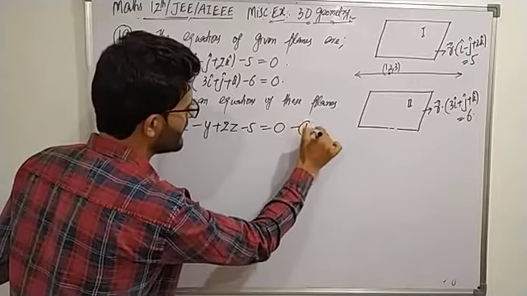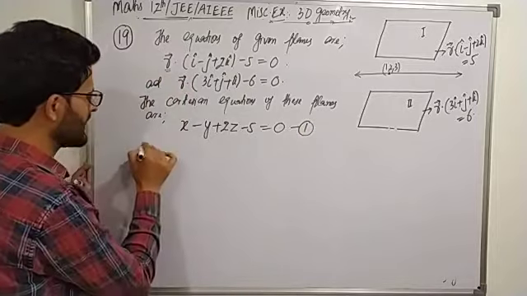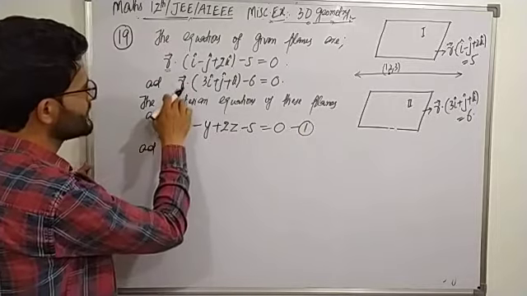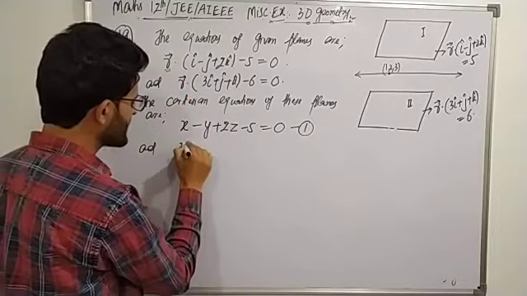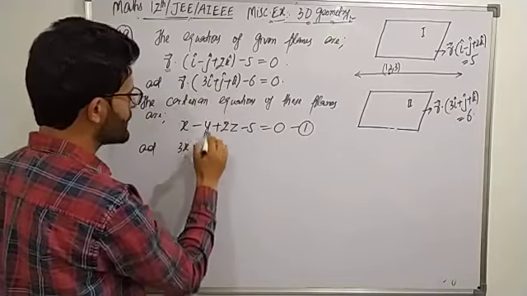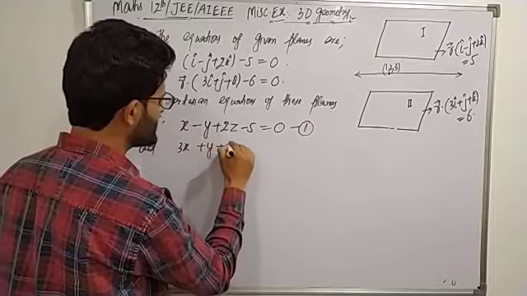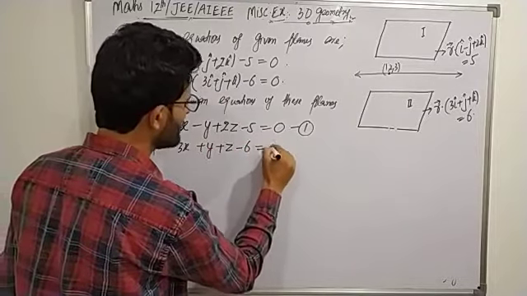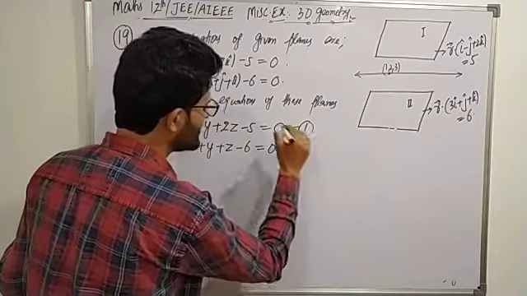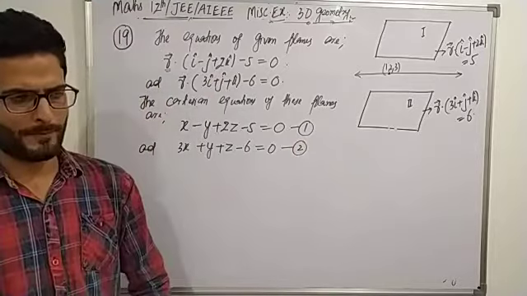We are keeping that as plane number first. Similarly, x into 3, that is 3x, plus y into 1, that is plus y, and plus z into 1, that is plus z, minus 6 is equal to 0. We will keep that as plane number second.